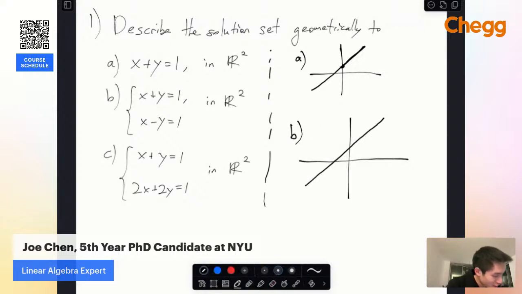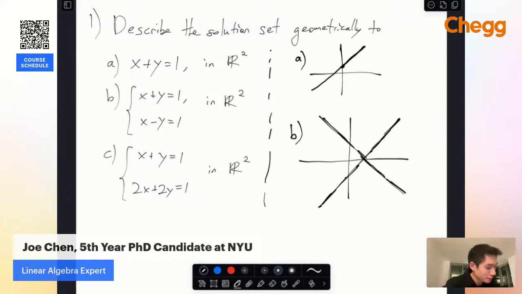Actually, I guess the first line was off. Sorry, so this should be this line, and then this line. Okay.